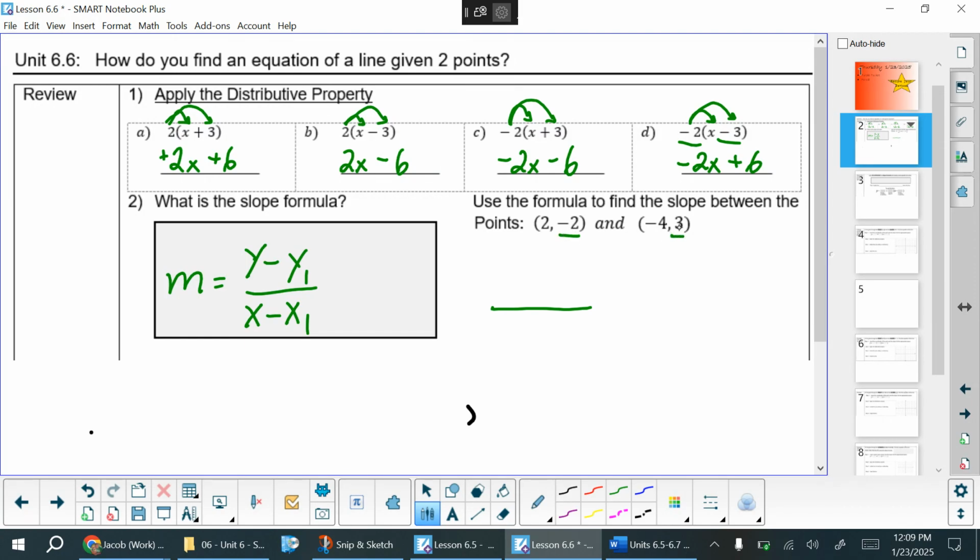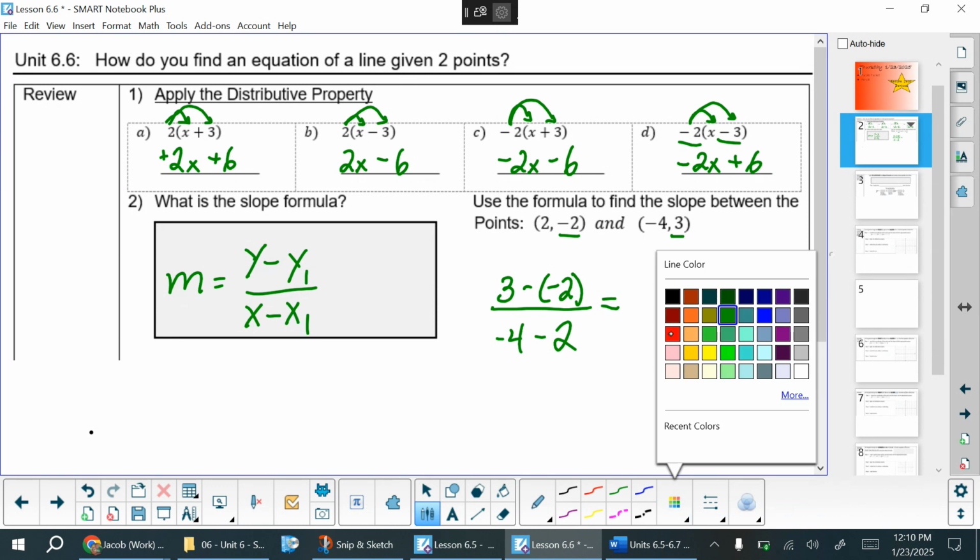So here, if I do 3 minus negative 2, I need to make sure I've got the minus sign from the equation and the negative sign from the 2. Then on the bottom, I'm going to do a negative 4 minus 2. So I need to go in the same order. If I start with the negative 3 for the y's, I've got to start with the negative 4 for the x's. Then I can go ahead and actually do that.